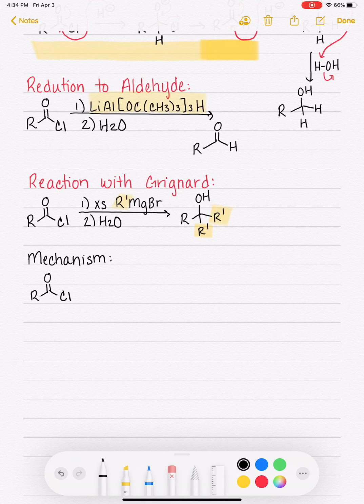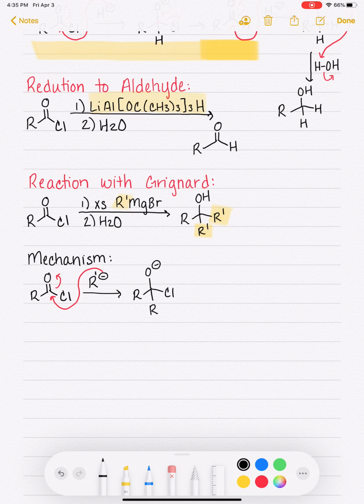With our Grignard reagent, the actual nucleophile is an R minus, a carbanion, and it is going to attack our carbonyl carbon, open up the carbon-oxygen double bond, and we make, oh, I want to change my R minus to an R prime.